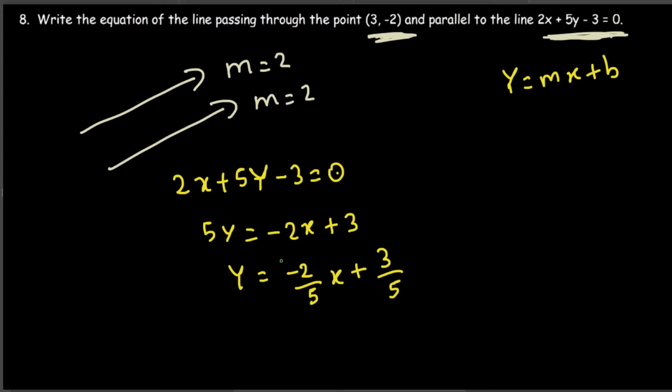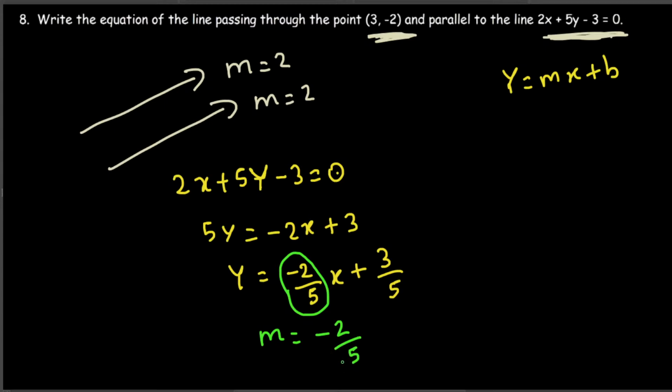Now if you look at this one, this is in the y = mx + b format. So from this one we can actually find the slope. This is the m value. So the slope of this parallel line that's given to us is -2/5.